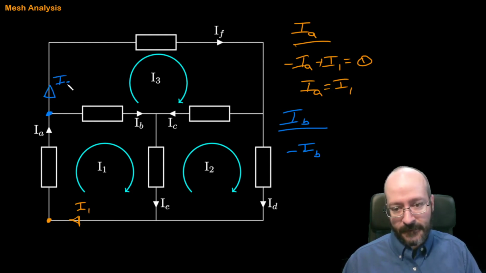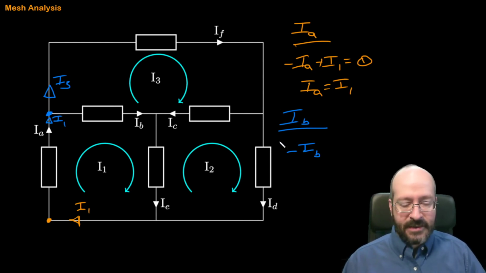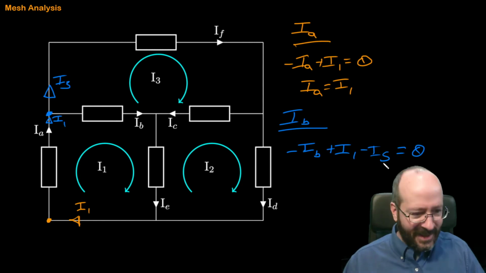And that's I3. Okay, and I1 is flowing around this way, and we already know that I1 is IA, right? So we know I1 is entering the node. Okay, so IB is leaving, I1 is entering, and I3 is leaving, and that's equal to 0.